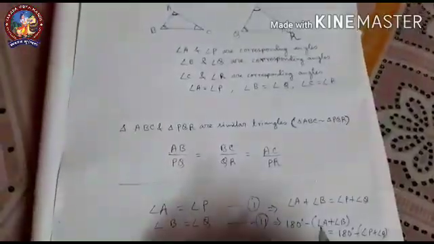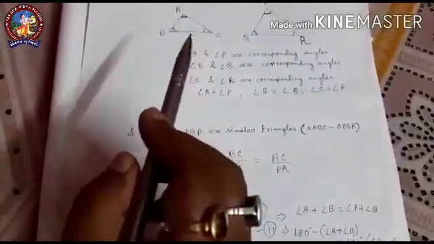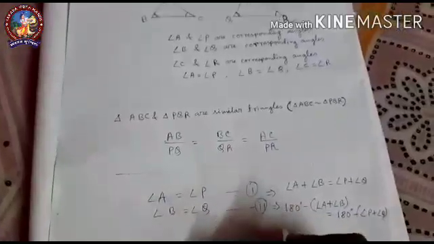Now in triangle ABC, what is 180 degree minus (angle A plus angle B)? That is angle C, right? Because we know that angle A plus angle B plus angle C is 180 degree.